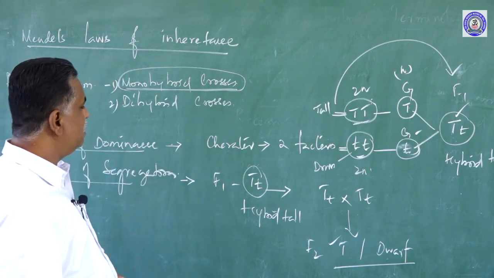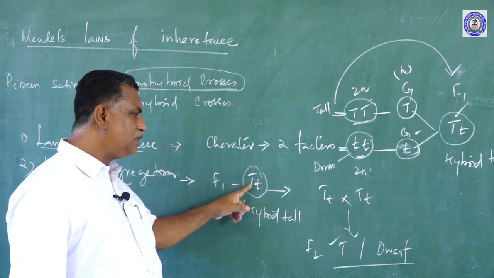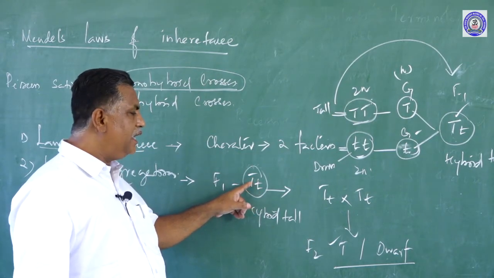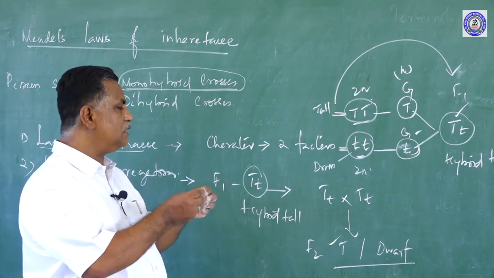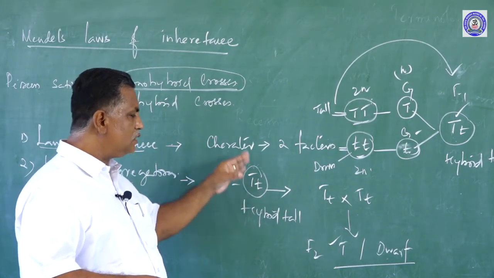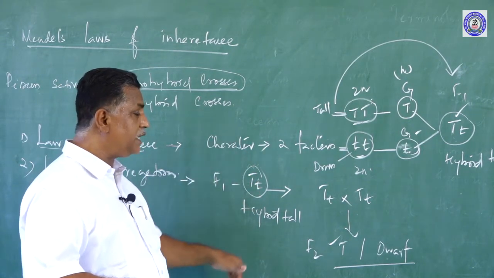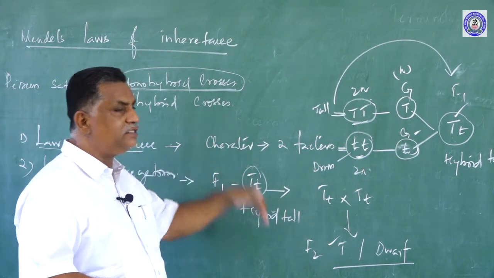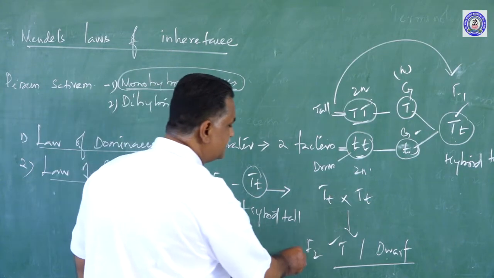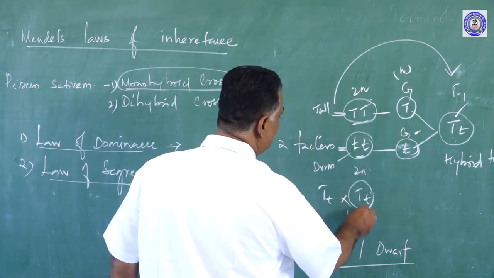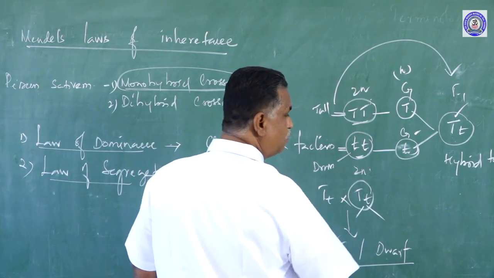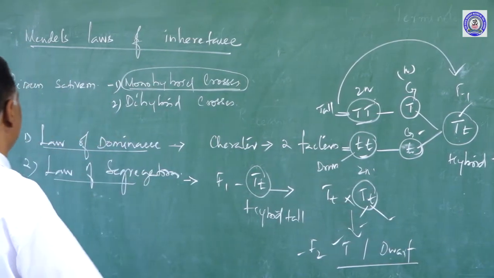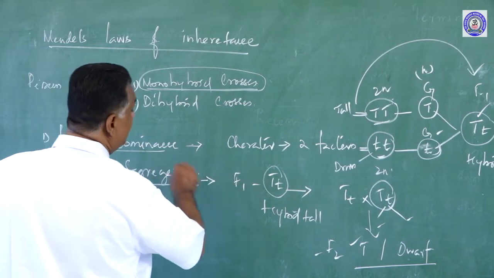What does it mean? The factor for tallness and the factor for dwarfness are together and they are not blending with each other. Dwarfness is not expressed, suppressed. However, its effect is there inside. When in F2 generation, by the time of gametogenesis, the capital T and small t segregate from each other, separate from each other, and that is called law of segregation.